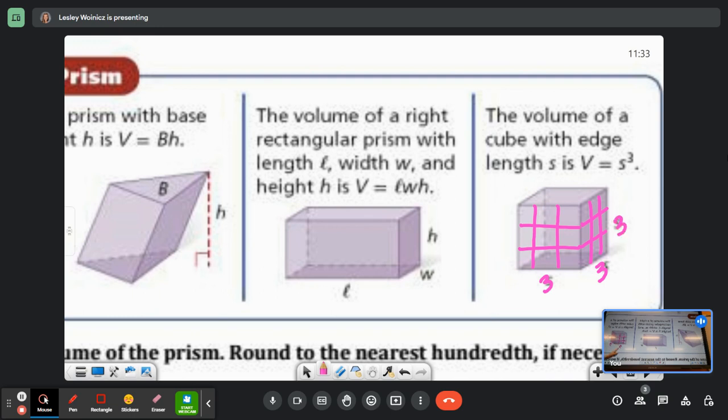You can imagine how I would have 3 layers, right, of 9 cubes. Can everyone picture the 9 cubes? If I look at the top of this, it kind of looks like a tic-tac-toe board. I've got 1, 2, 3, 4, 5, 6, 7, 8, 9. So I've got 9, 9, and 9.